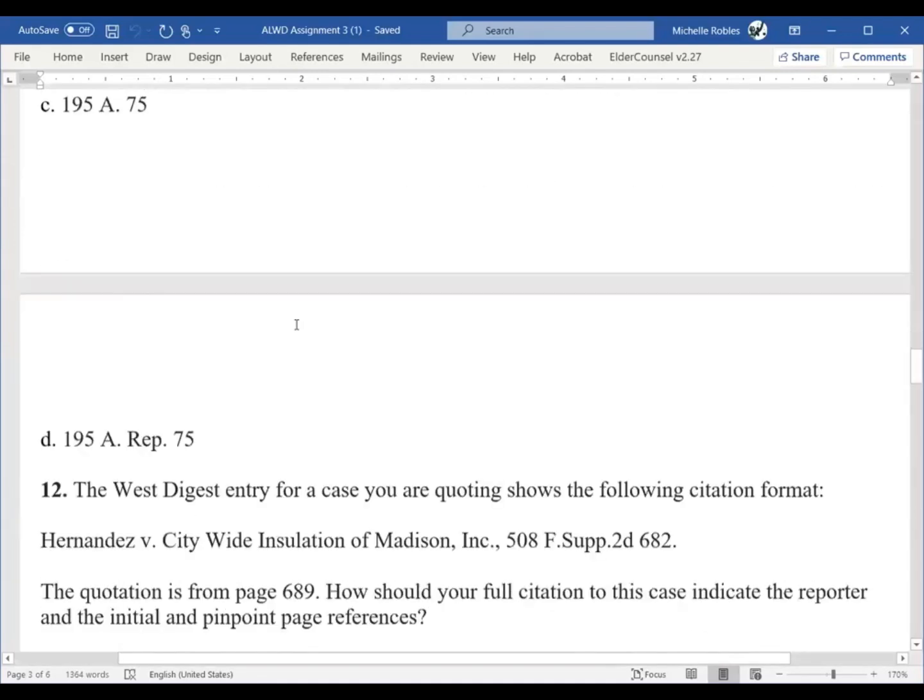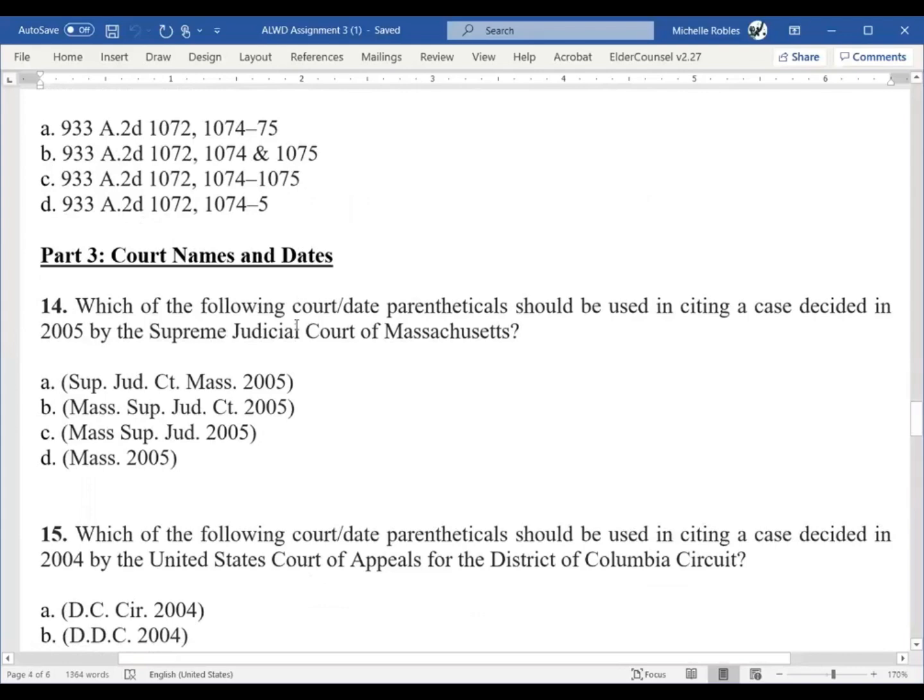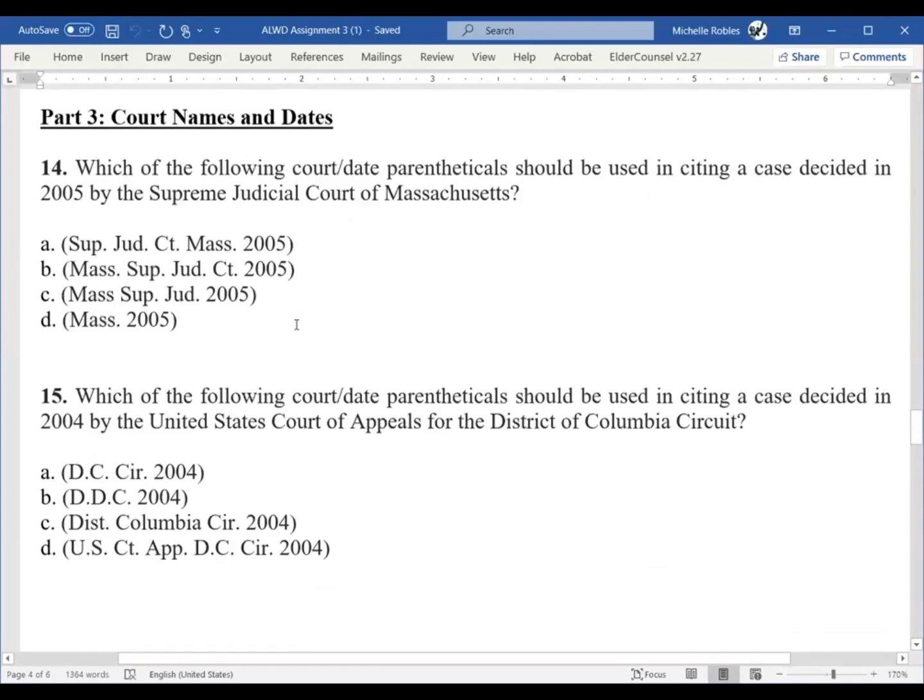Let's go ahead and scroll down to part 3. Part 3 is court names. For this one, I find it very helpful to use Appendix 4. Appendix 4 is set up the way all the other ones are, so it always starts off in federal court and then it moves into state courts.